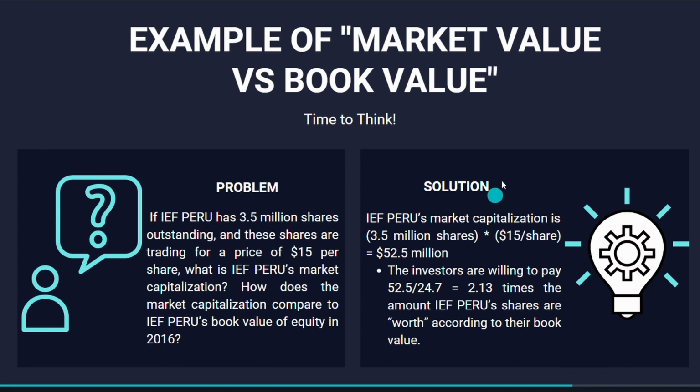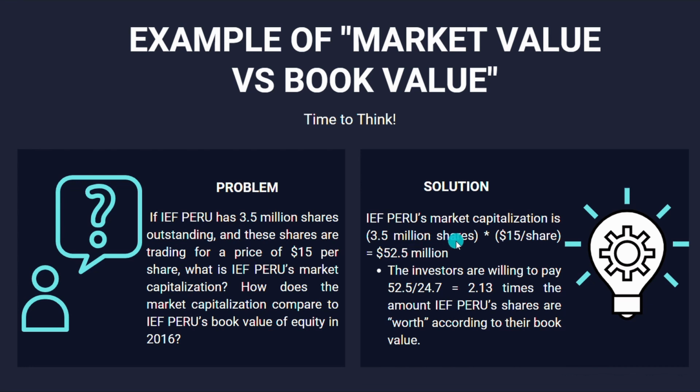Solution: EF Peru's market cap is 3.5 million shares times $15 per share, that is $52.5 million. This market cap is significantly higher than EF Peru's book value of equity of $24.7 million. Thus, investors are willing to pay 2.13 times the amount EF Peru's shares are worth, according to their book value.